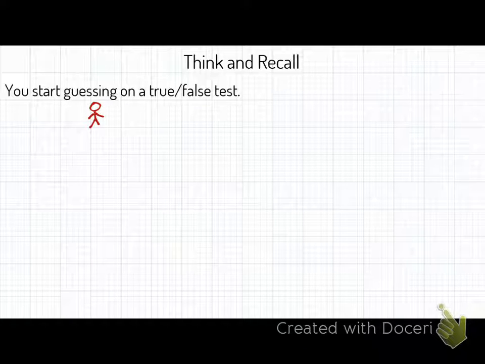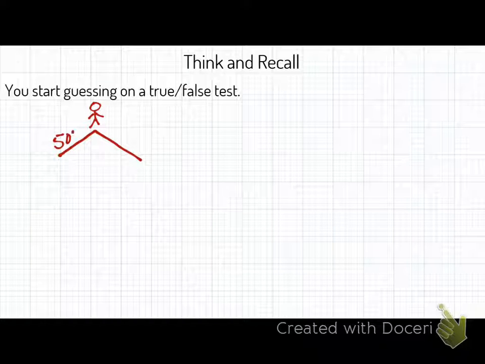You could either get it right or wrong, right? Would you agree with that? So you have a 50% chance of getting it right, and you have a 50% chance of getting it wrong, okay?